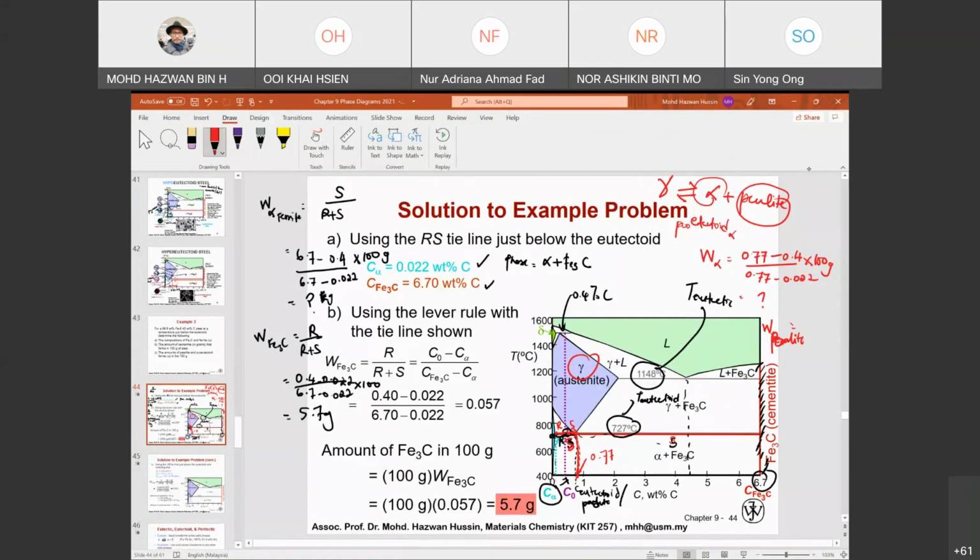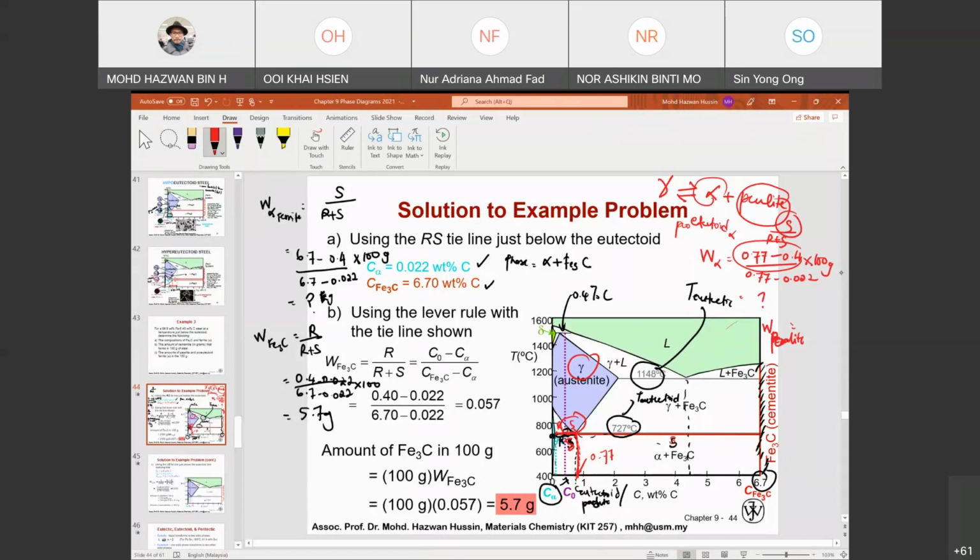Earlier, Kashin mentioned that if you want to calculate pro-eutectoid alpha, we are referring to the S value. So S over R plus S. The S value now is 0.77 minus 0.4, because this is the region that we are looking at now. 0.4 is the initial composition that we put in this question, 0.4% of carbon, divided by the total length, 0.77 minus 0.022, and finally multiply with 100.